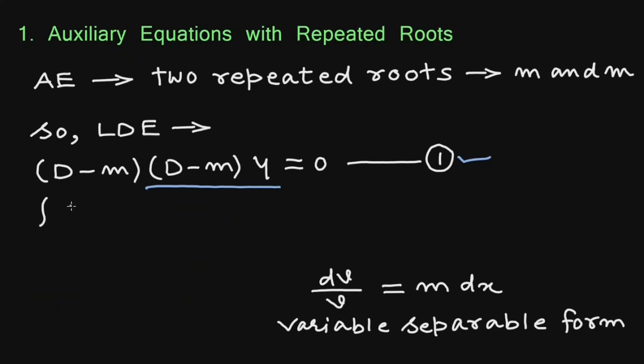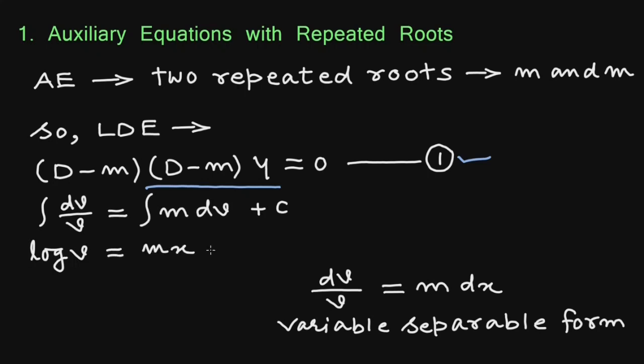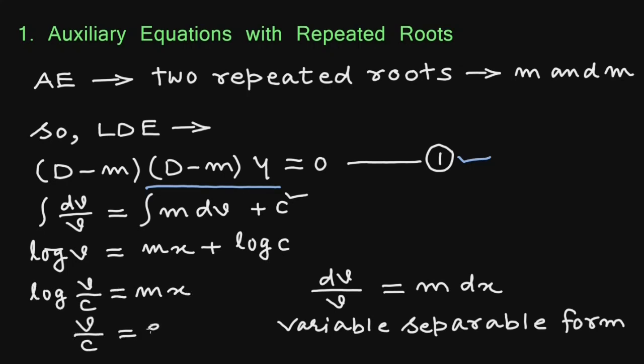So integral dv upon v equals integral m dx plus c, which is log v equals mx plus, for this c we write log c. It will be log v upon c equals mx, which is v upon c equals e raised to mx, or v equals c1 e raised to mx, where c1 is an arbitrary constant.